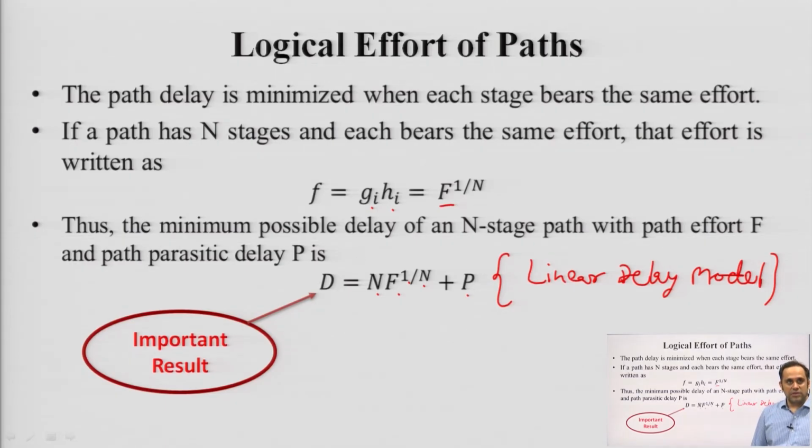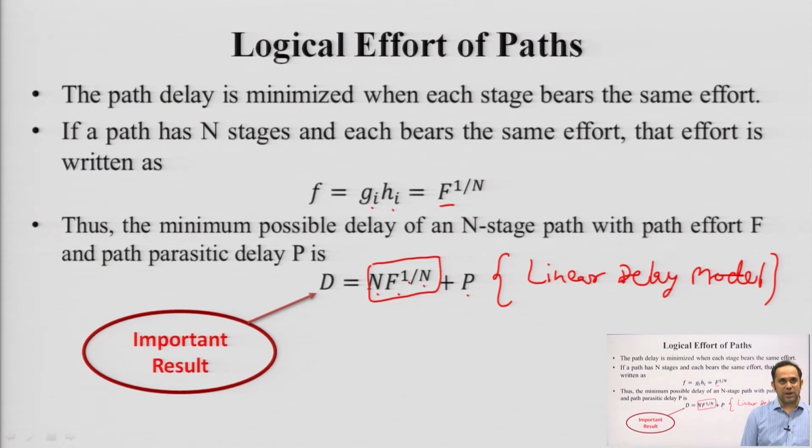This is a very important result, because if you see, the number of stages is basically having an impact on your overall delay. Okay. So, the minimum possible delay, this is the minimum possible delay basically, okay, and this is going to be obtained when each stage bears the same effort.